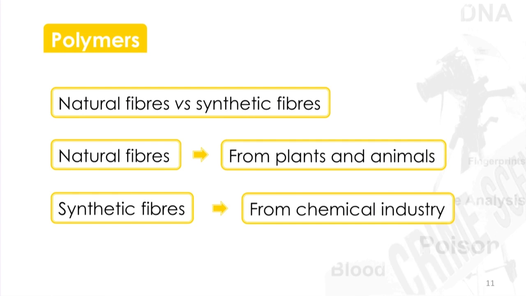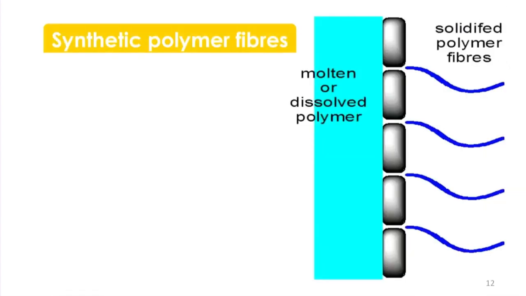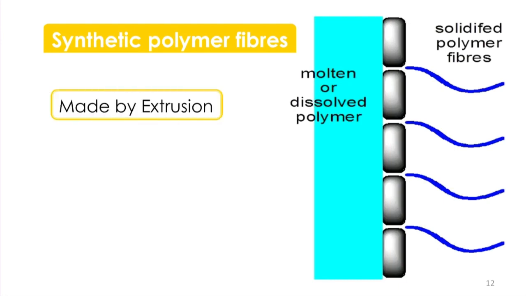So let's take a quick look at making synthetic polymers and synthetic fibers. Synthetic polymer fibers are typically made by a process called extrusion. So on one side of a barrier, there is the polymer either in its molten state or in solution, so it's a liquid form.